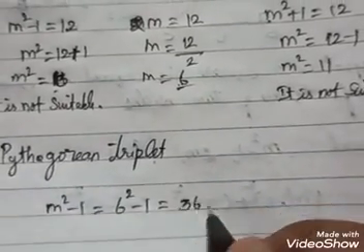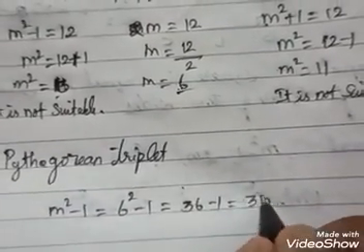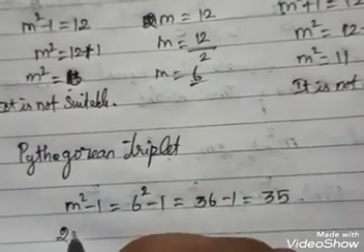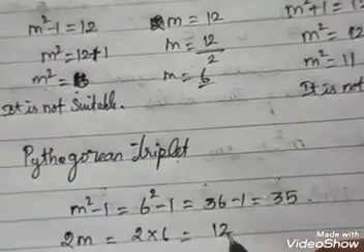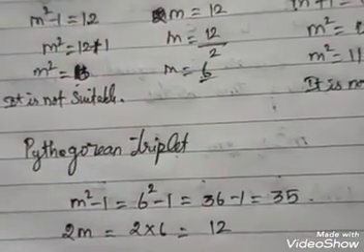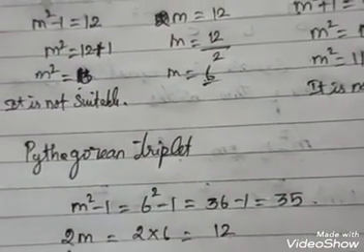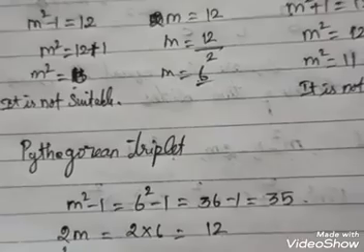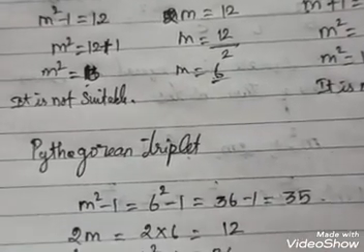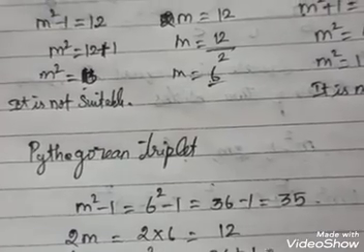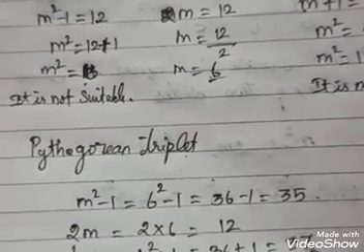So 36 minus 1 which is equal to 35, one of the values. Next it should be 2m. So 2 into 6 which is equal to 12, another value is 12. And last one, m square plus 1. m square plus 1 means 6 square plus 1, 36 plus 1 which is equal to 37.